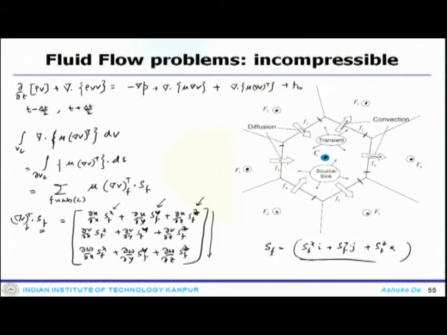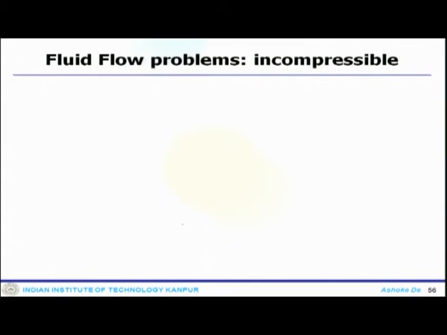Now, similarly, we can look at the pressure gradient term, which will be del p dV over the cell.